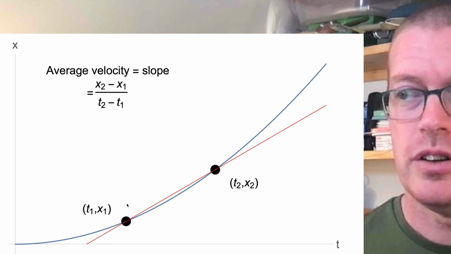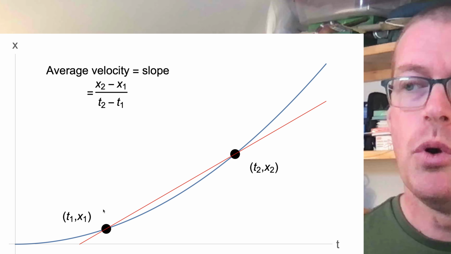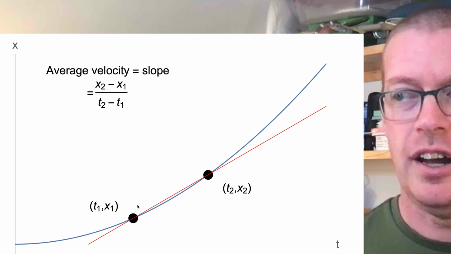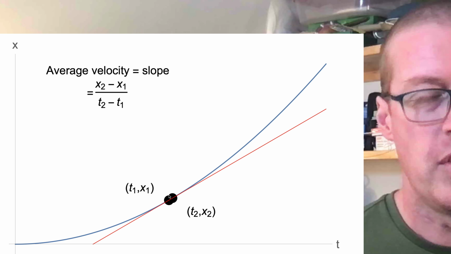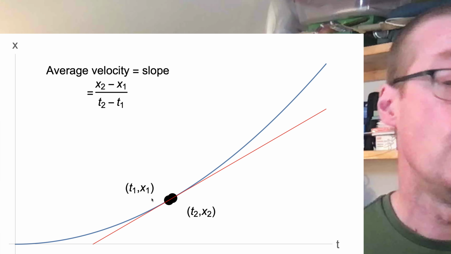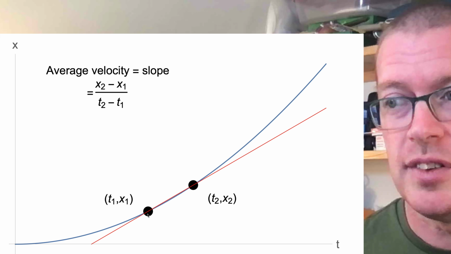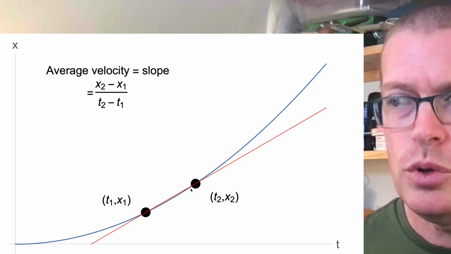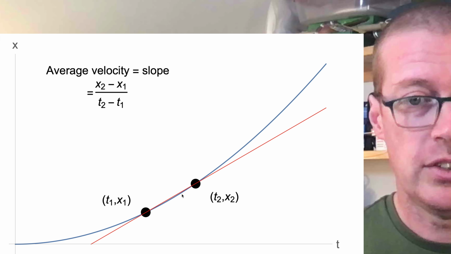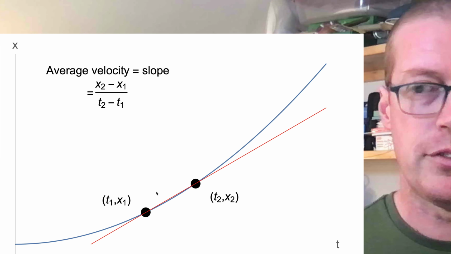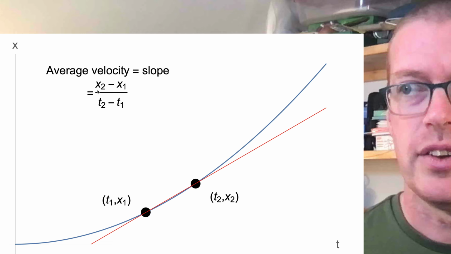So here's a nice picture that you see that as I move these 2 points symmetrically, more or less the slope of that secant line doesn't change and is a very good approximation to the slope for the tangent line. So if you have some numerical data and you want to approximate the velocity at some time, just take 2 roughly evenly spaced points around the time that you want to know the average velocity, and then take delta x over delta t.